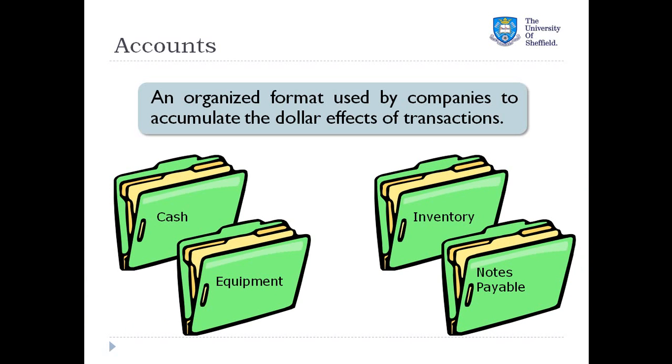We record everything using accounts, as we have seen previously. We use an organized format that most of the entities use in order to accumulate this monetary effect of transactions. So we have this organized format based on these generally accepted accounting principles, and this is known as accounts.